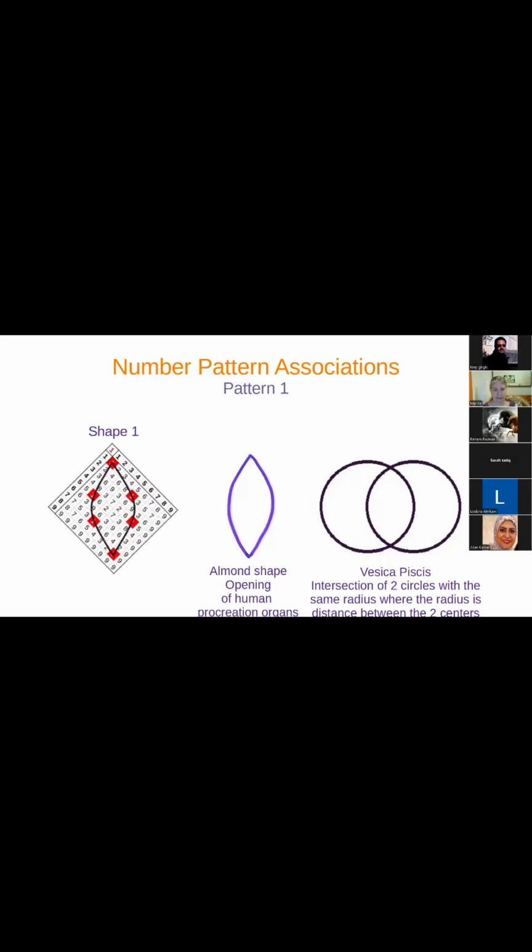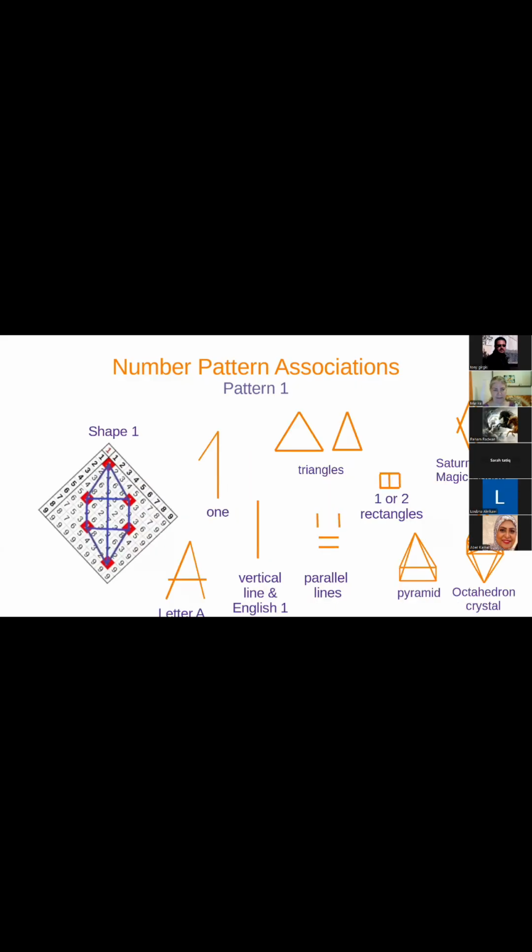Looking at other shapes, when we look at lines, we see the number 1 within this pattern. We see the vertical line, as well as the English letter, ignoring the other special rule.